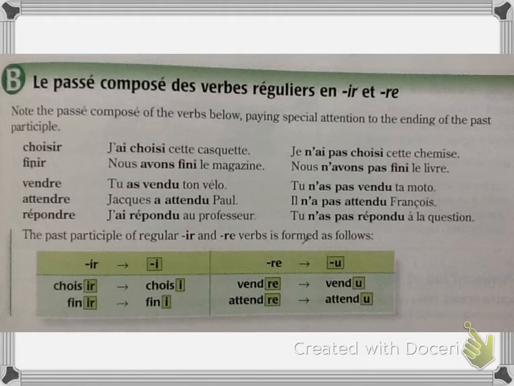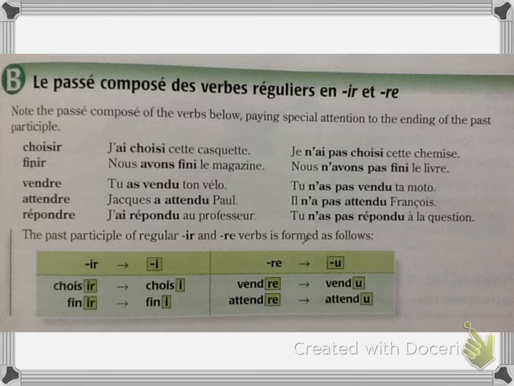Note the passé composé of the verbs below, paying special attention to the ending of the past participle. Choisir. J'ai choisi cette casquette. Je n'ai pas choisi cette chemise. Finir. Nous avons fini le magazine. Nous n'avons pas fini le livre. Vendre.